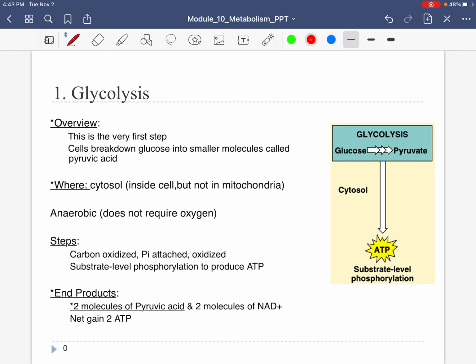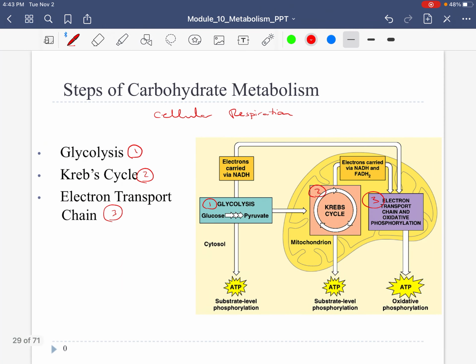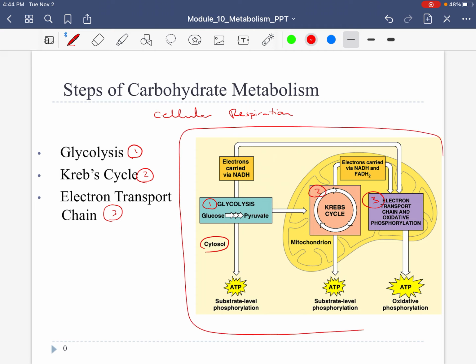Okay. So, glycolysis. This is the first step. This happens in the cytosol, which means it happens inside the cell, but we're not yet in the mitochondria. Let me go back to this picture. So here's the cytosol. In other words, this could be a muscle cell. This whole square could be a muscle cell, or it could be a nerve cell, or it could be a kidney cell.